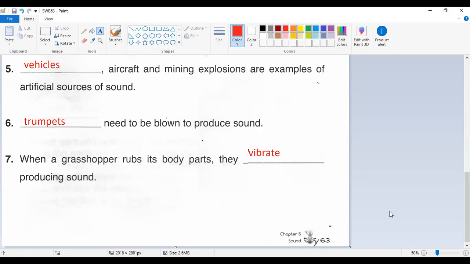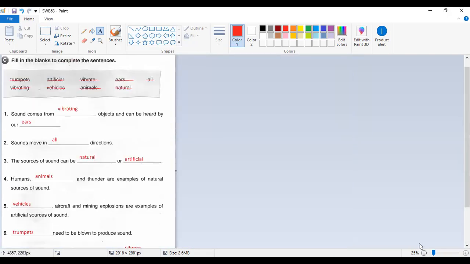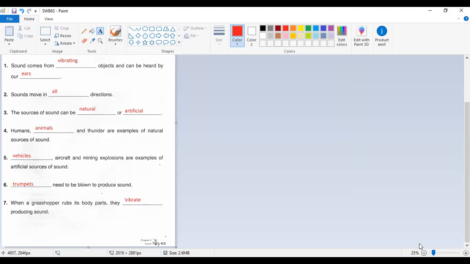Make it a bit smaller so you can see all of them. And if you haven't got time to fill them in right now, then you can watch the video or go back and have a look in your textbook and all the answers should be there.